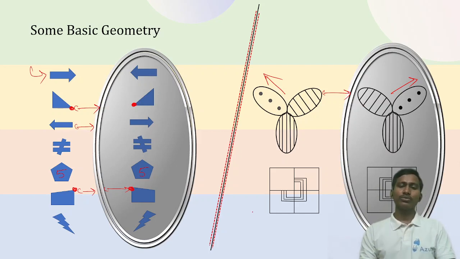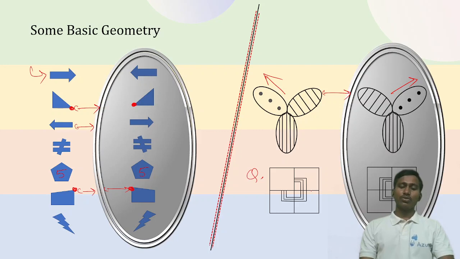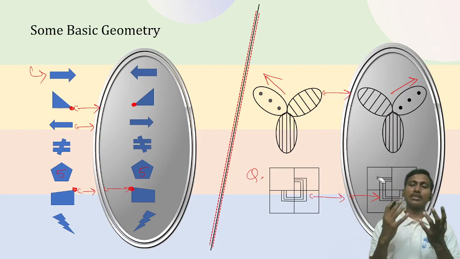Now what about the fourth one? What will be the mirror image? Like this. If you see, near the mirror is this part, so it should be near the mirror. And after this part is away from the mirror, so it should be like this. So this is how the mirror image will be.